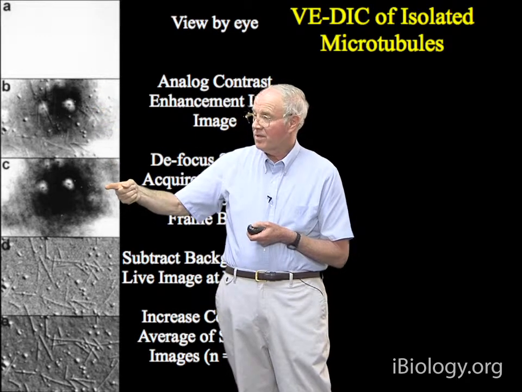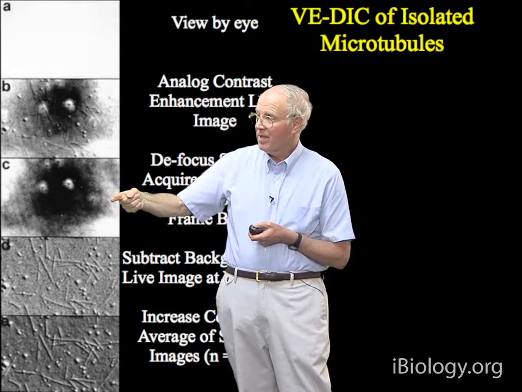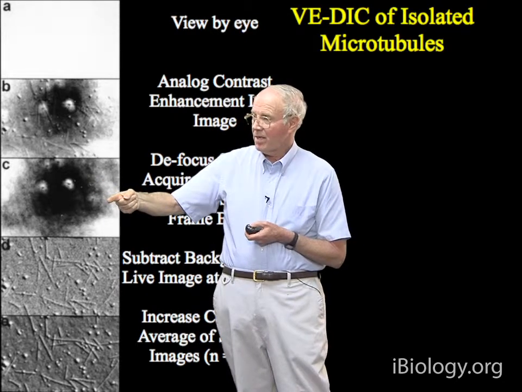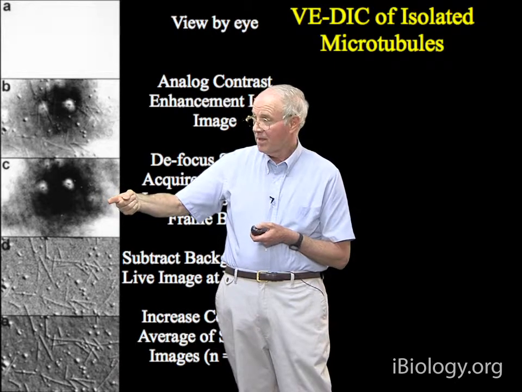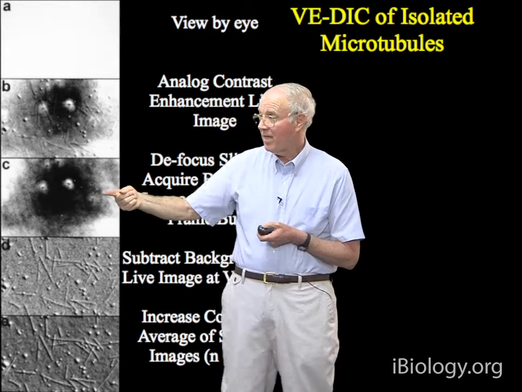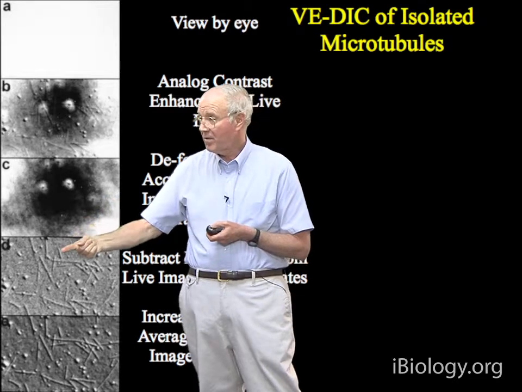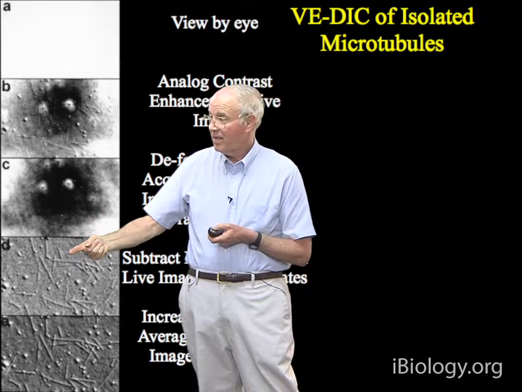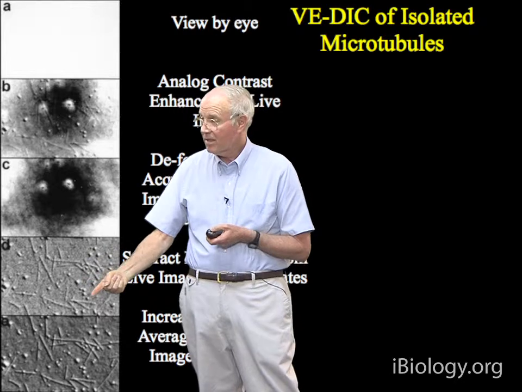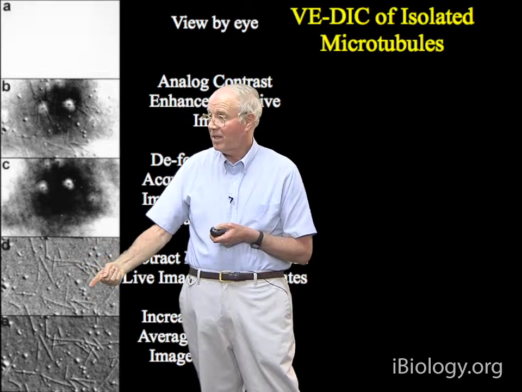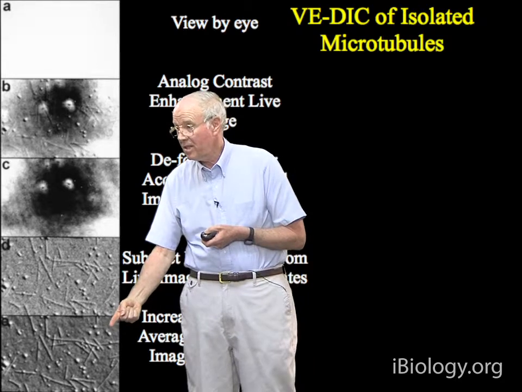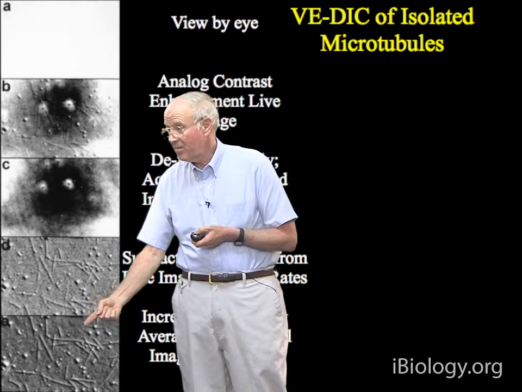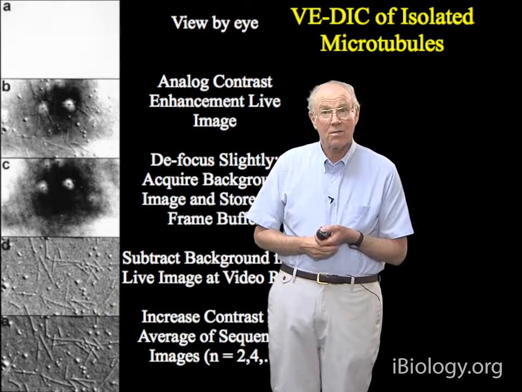And so what you do is you defocus a bit, and these inhomogeneities don't go out of focus that fast, and you store this as a separate image, and then from then on, you subtract this image from the incoming image, and now you can see very nicely the microtubule sitting on the surface of the glass. And if you do a little sequential frame averaging, you can make microtubules look like telephone poles.